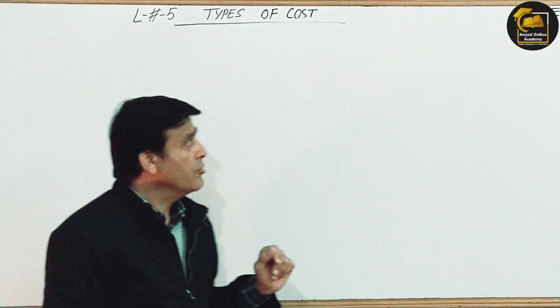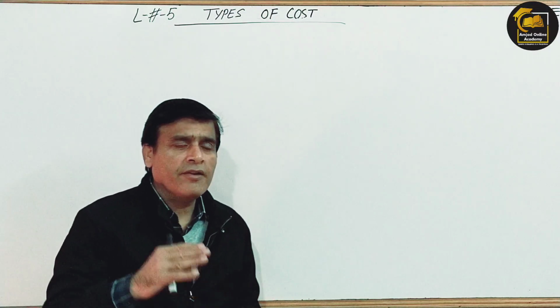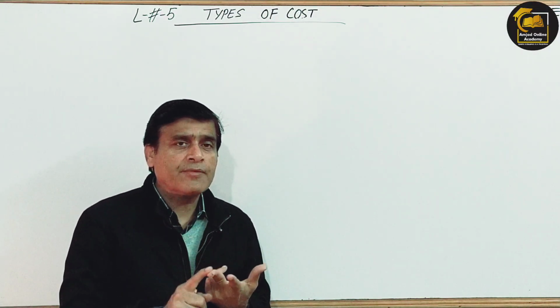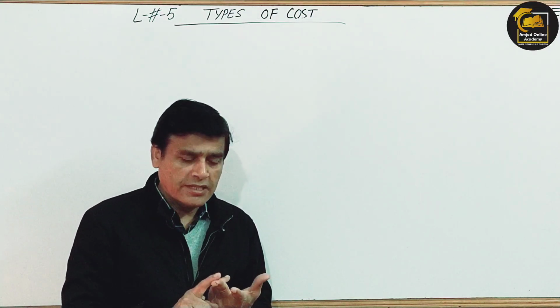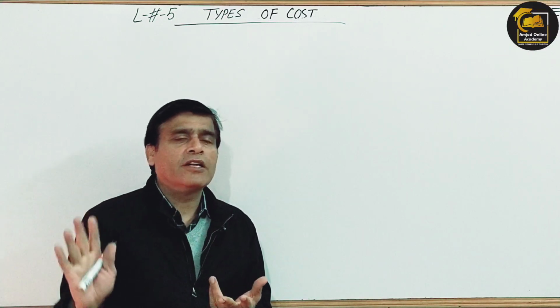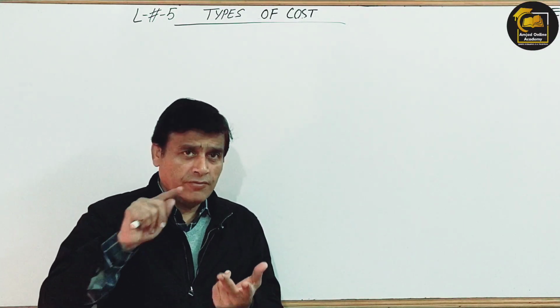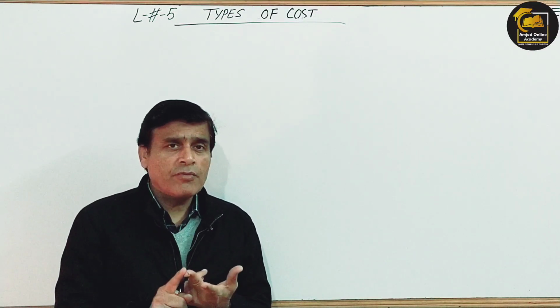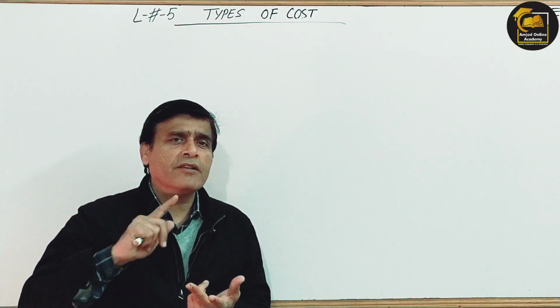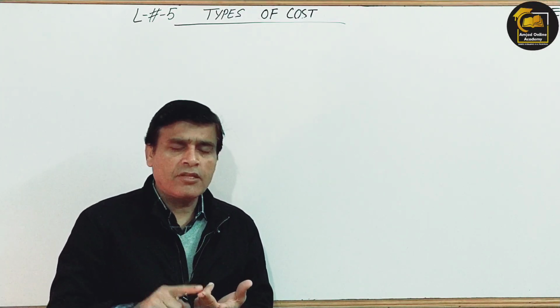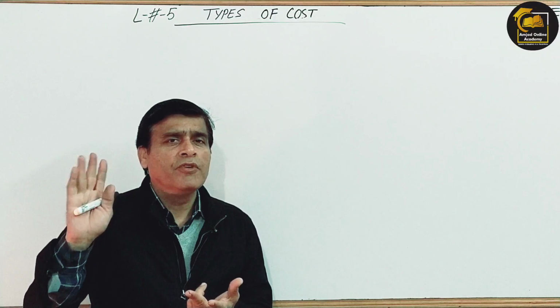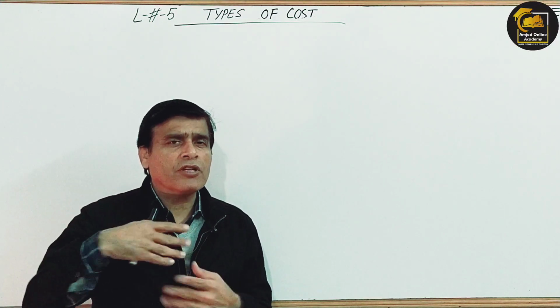If you talk about cost classification, there are innumerable types of cost. If you do not believe me, find the books, find the internet, you will see the number of types of cost is something you cannot even count.